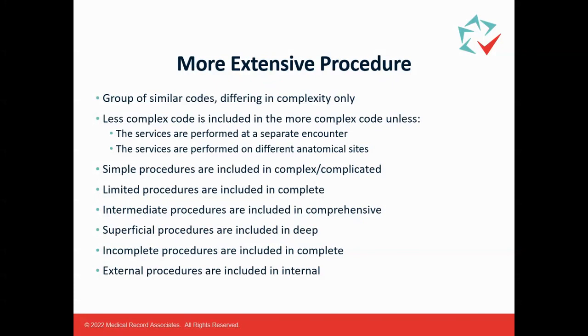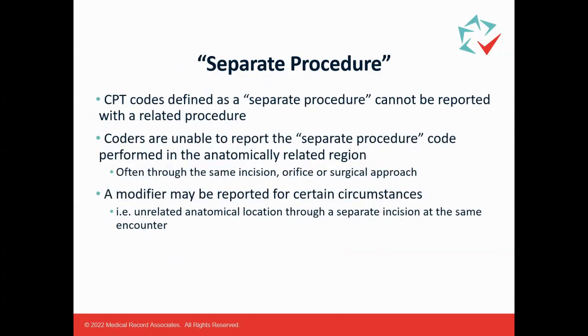So again, there's a limited number of reasons to be able to bill these separately, and those are listed here for you: if the service is performed at a separate encounter or different anatomical sites. A separate procedure is a CPT code that is defined as a separate procedure that says it cannot be reported with a related procedure.